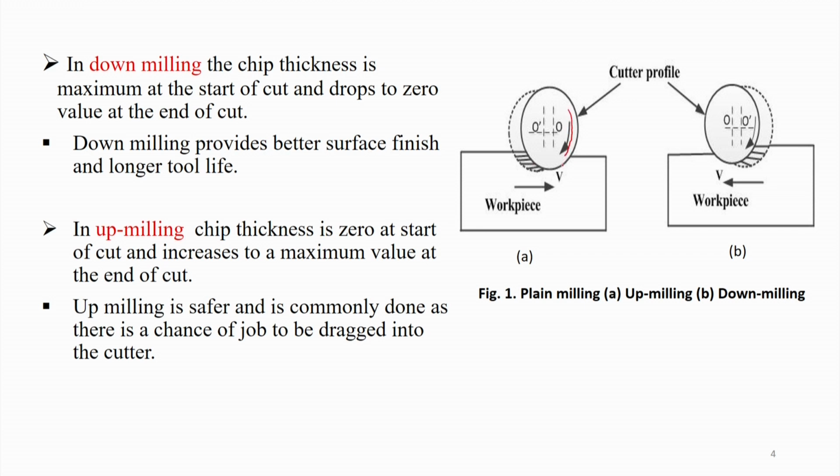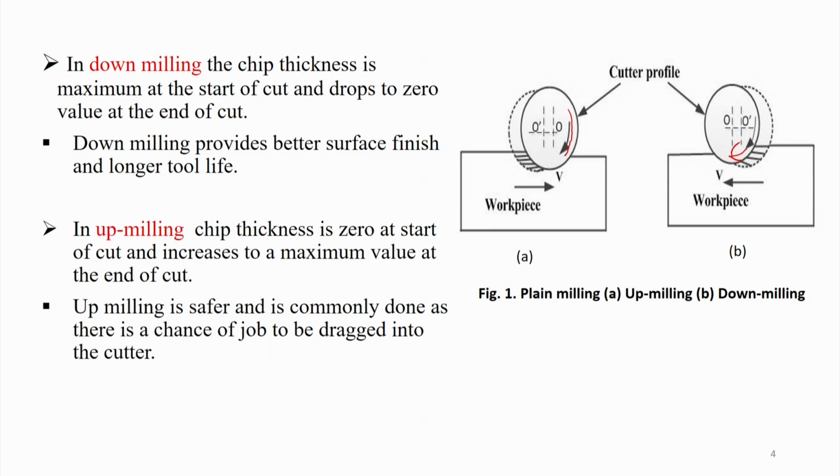Therefore, the peripheral speed of the cutter with respect to the workpiece is in the opposite direction to that of the workpiece. And in down milling, the workpiece is moving in this direction, and the peripheral speed of the cutter is also in the same direction. So, both are essentially moving in the same direction.